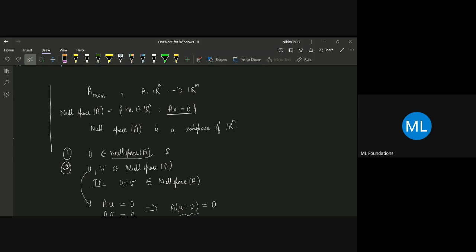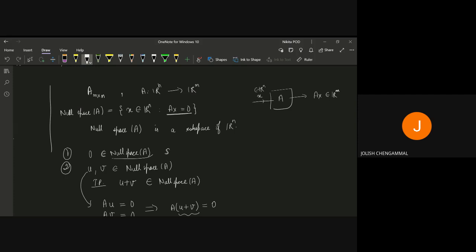So what is happening is I am taking a vector from Rn. Let's say I have a matrix A, I mean this is the function A, and I am giving a vector x which is coming from Rn, and I'm getting Ax, which is in Rm. This is not clear, ma'am.